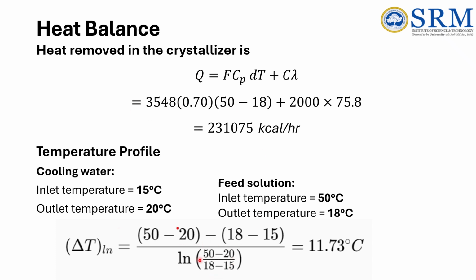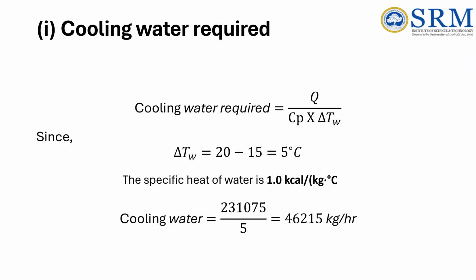So why are we doing this? Because we need to find the cooling water rate. So how much cooling water enters to achieve the desired cooling. So the cooling water requirement can be calculated as Q is equal to mCp delta T of cooling water. So the Cp of the water can be taken as 1 kilocalorie per kg degree Celsius, and delta T is the temperature difference of water.